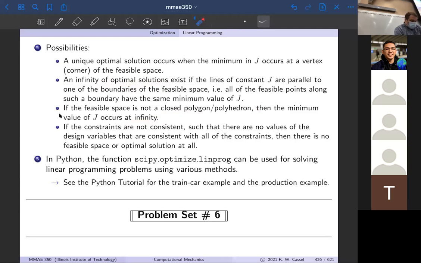The final possibility is if the constraints are not consistent. In other words, you could have a situation where there are no values of the design variables that are consistent with all the constraints, then there's actually no feasible space or optimal solution at all. And of course, your boss doesn't want to hear that either.